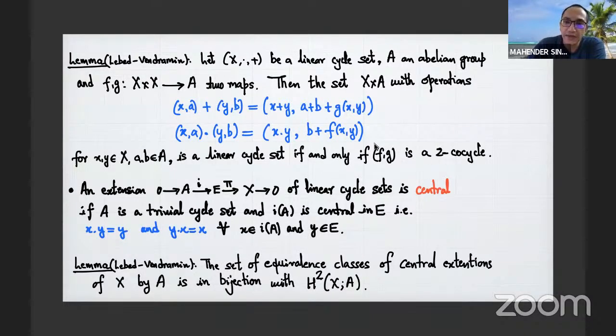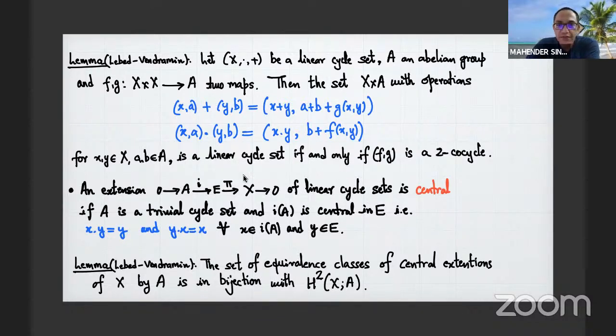So it is exactly analogous to what happens in extension theory in groups. If you forget this dot operation, it is exactly the classical construction. You can define the sum of two elements by adding the two elements in the first component, and the second one is translated by the co-cycle. And similarly for the cycle set multiplication.